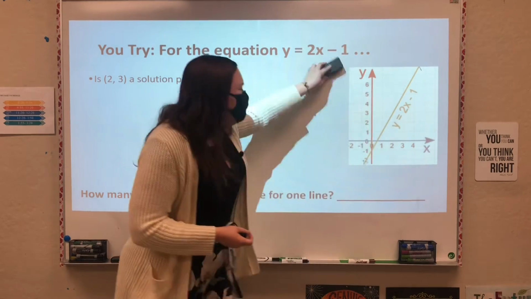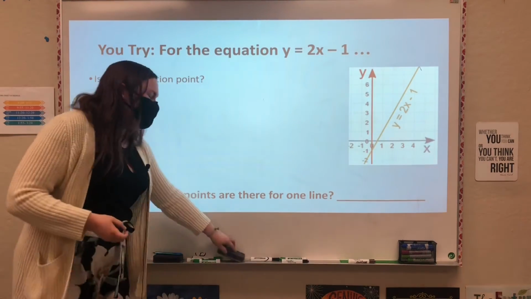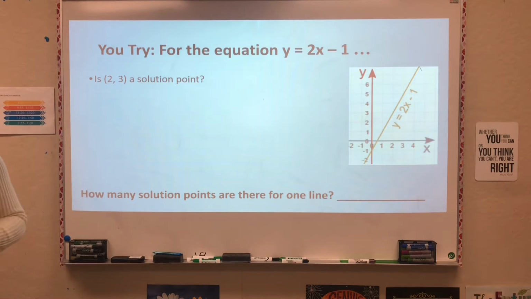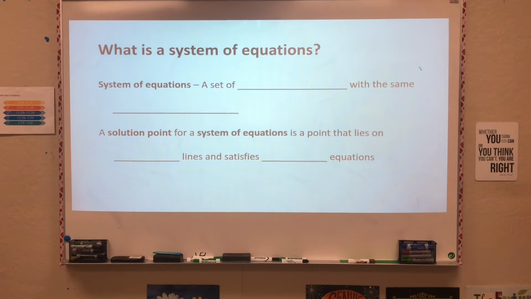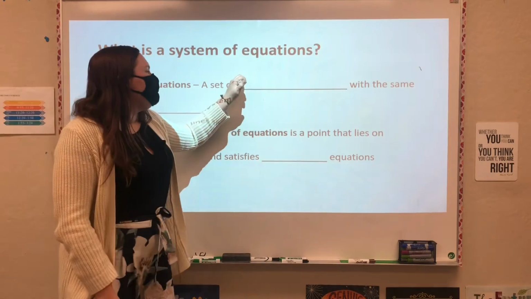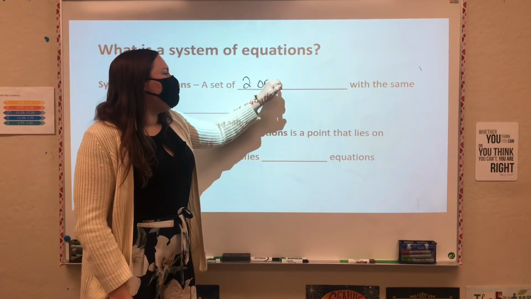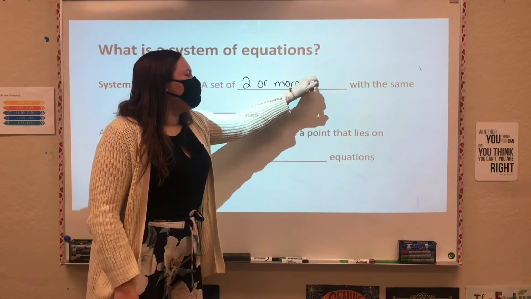However, the focus of this unit isn't on single equations, it's on something called a system of equations. When you talk about systems of equations, a system means a set of 2 or more equations.